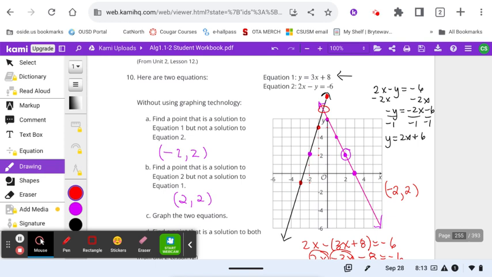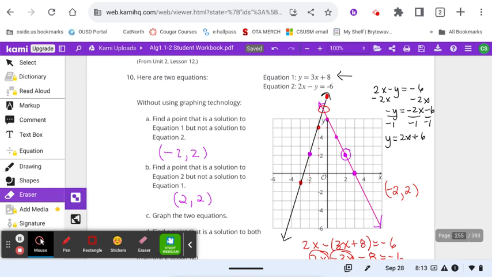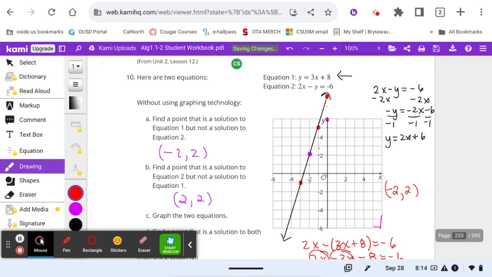2x minus y equals -6, minus the 2x is okay. Divided by -1. Oh, I should have had a positive slope on that. Sorry, guys. I did a negative slope, and this should have been a positive slope. Okay, so this is going to go down to back 1, down to back 1. And so here's the correct line.